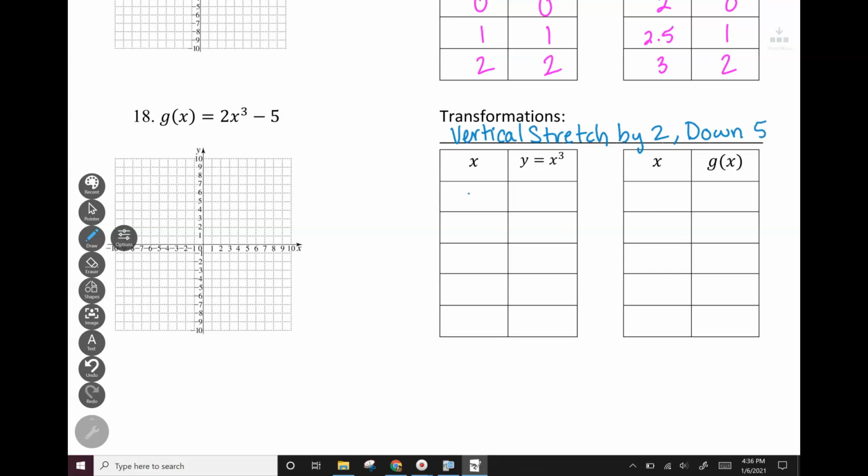Okay, so my parent function here, we've got -2, -8, and all of these points. Okay, there's some standard points we can start with. Now, if it's being vertically stretched by 2 and shifted down 5, those both affect the y value.